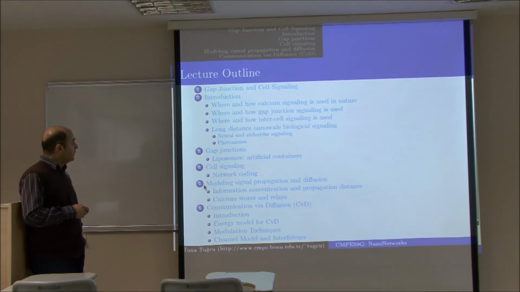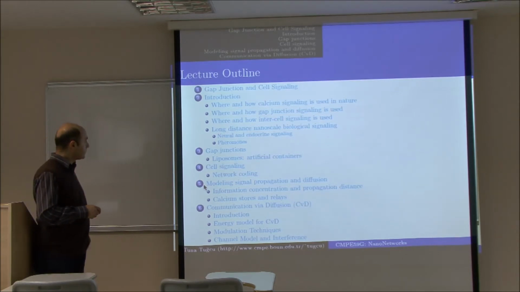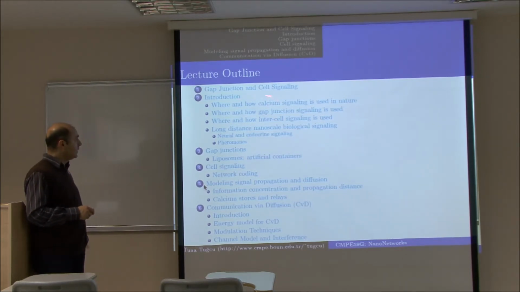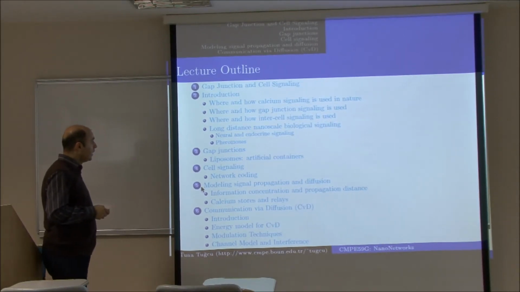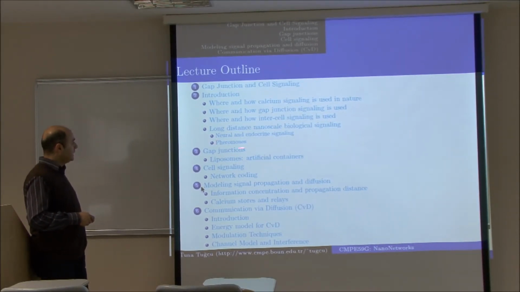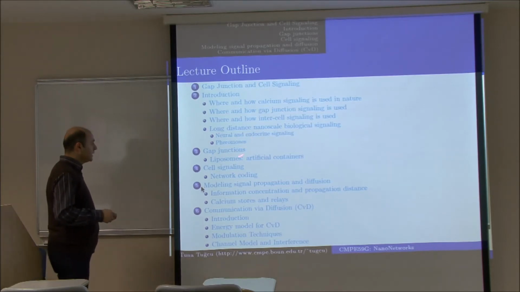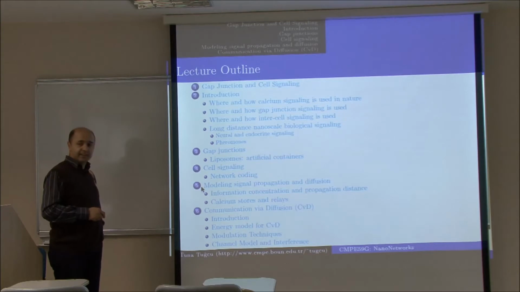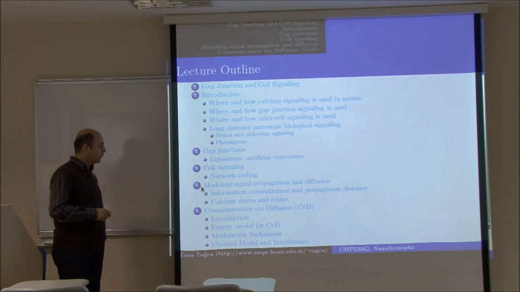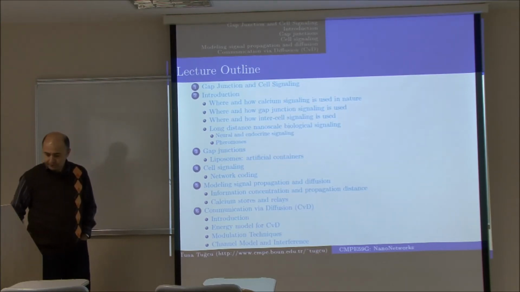In this chapter, we'll be talking, in general, about what gap junction and cell signaling mean, and discuss where and how calcium signaling is used in nature and how it works. Then we'll focus on gap junctions and talk about the liposomes. Then we'll look at cell signaling and talk about network coding in that respect.